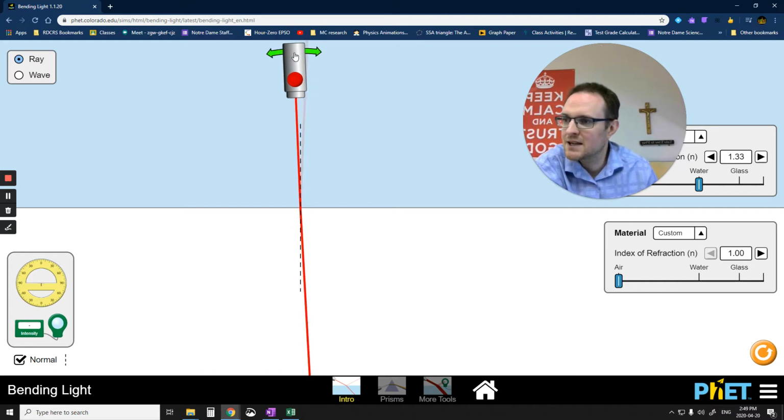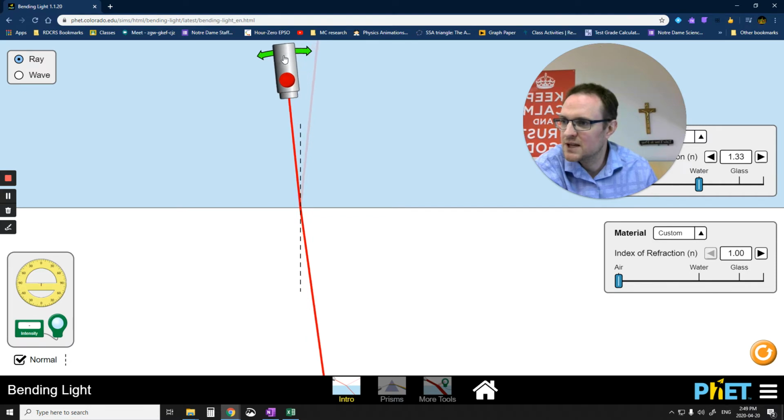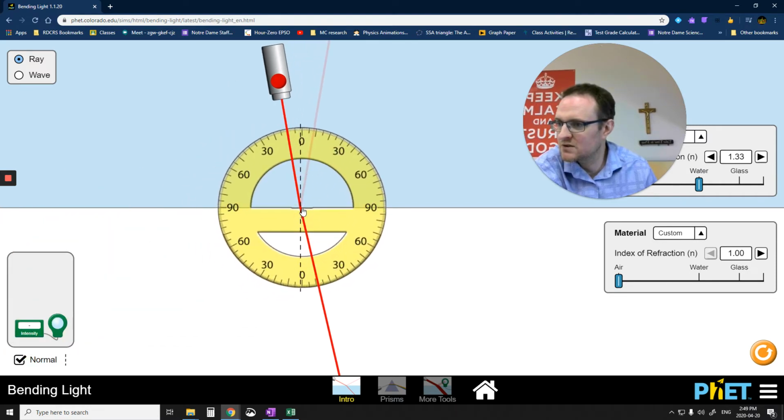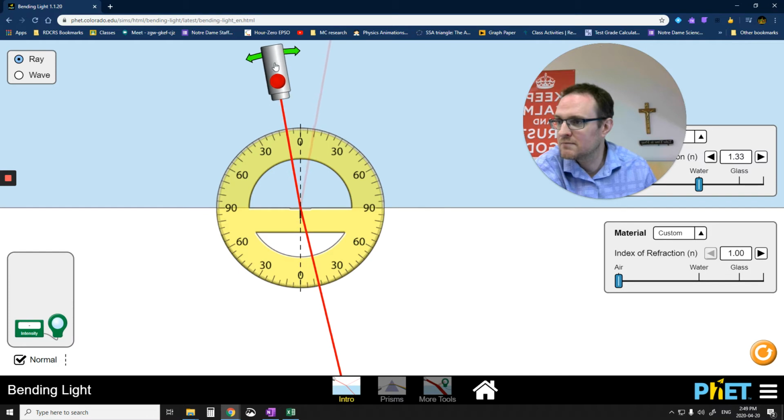As I move this over, say I moved it over 10 degrees, I can actually measure that out. You're going to be doing this, well, I'll be doing this part of the lab here. I can move this 10 degrees and I can measure the angle on the outside there. We could do the math of it as well. So 10 degrees over, you notice that this angle here is like 12 point something.